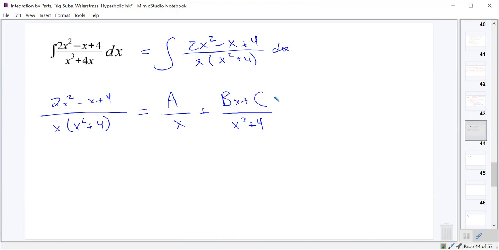It's going to get a Bx plus C. So anytime you have an irreducible quadratic, you want to put up Bx plus C or Ax plus B or Ex plus F or what have you in the numerator for it. So always 1 degree less. If you had an irreducible cubic, you'd have to put up Bx squared plus Cx plus D in the numerator. Good or no?